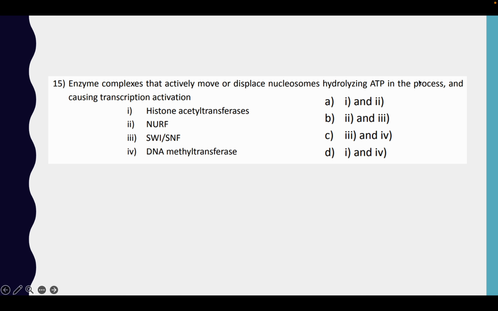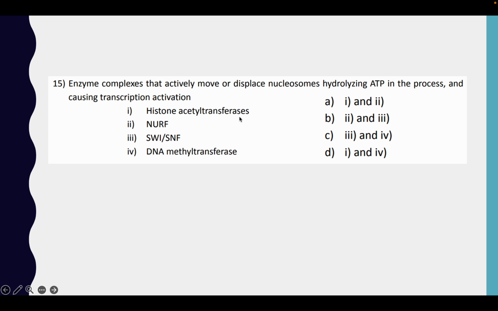From here you have to select. Yeah, A. Is it a complex? Enzyme complex that actively moves or displaces nucleosome?